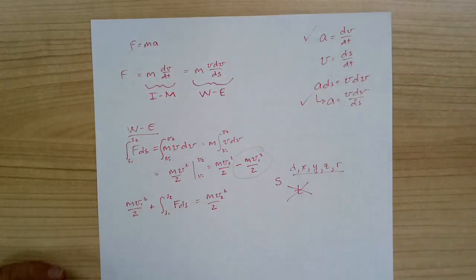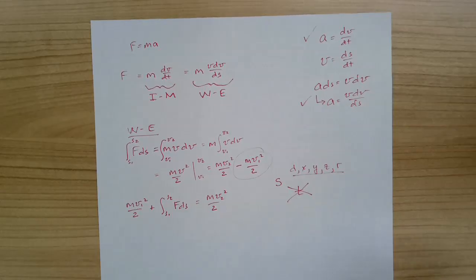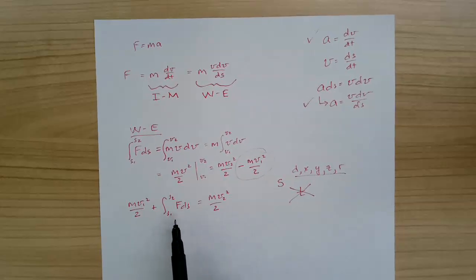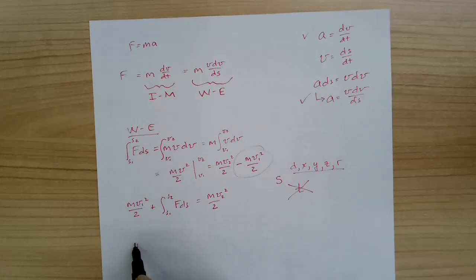When it's not a time problem. If the problem is asking you how long does it take for such and such to happen, you're probably not going to use work and energy. But if it's asking about the velocities or the distance, we're probably going to want to use this equation of work and energy. The impulse and momentum is very similar.